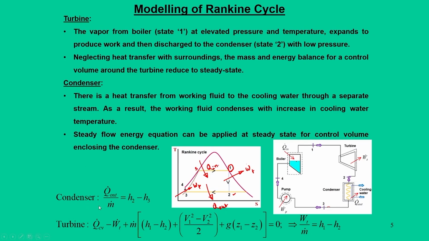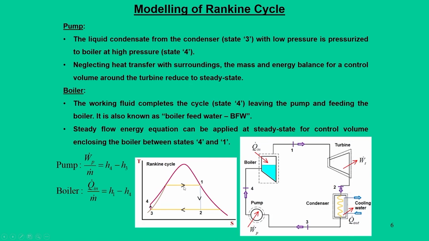For the condenser, Q dot out by m dot is H2 minus H3, that is done per unit mass basis. For the turbine, W dot T by m dot is equal to H1 minus H2. For the pump, W dot P by m dot is equal to H4 minus H3, and for the boiler, Q dot in by m dot is H1 minus H4.